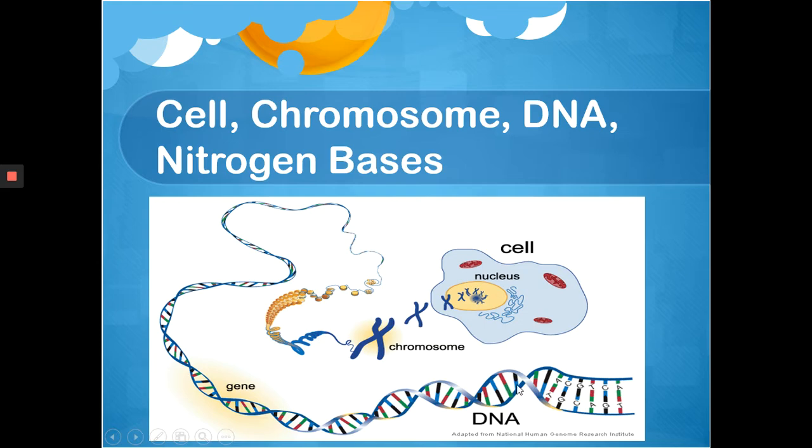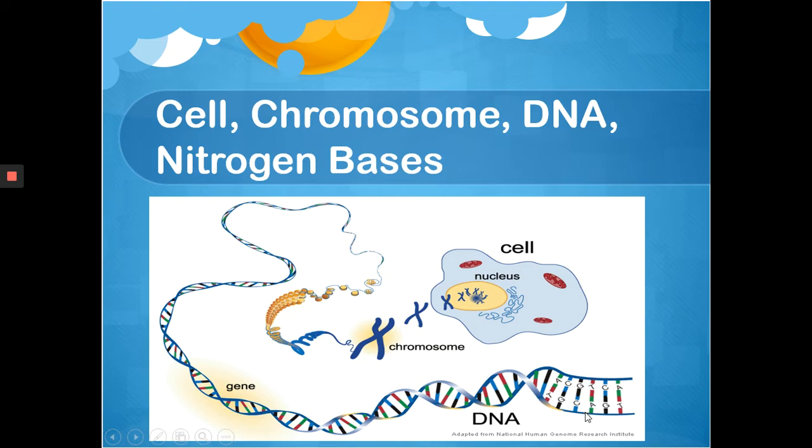So if we continue to break down DNA even more, we see these little letters here, A, T, C, and G. These are what are called the nitrogen bases, and we're going to get a little deeper into this. The arrangement of these base pairs codes for what is called a codon.